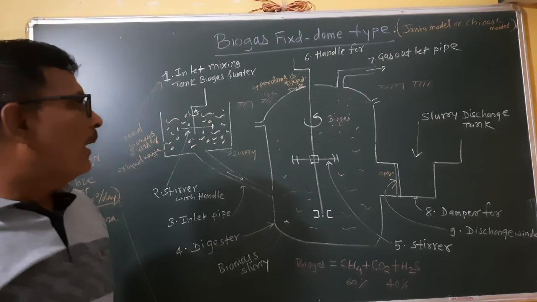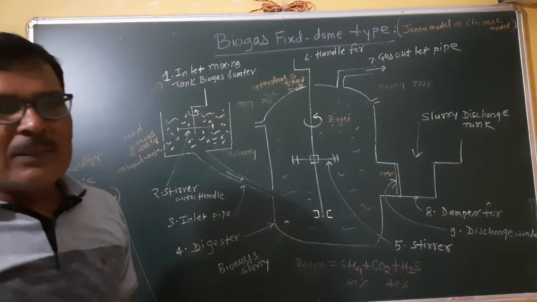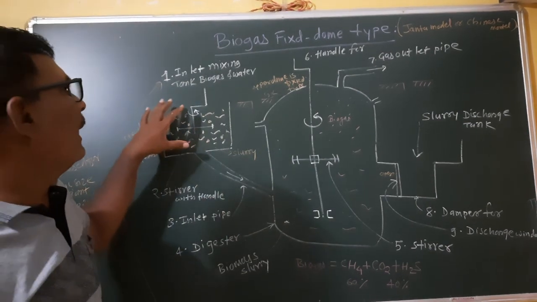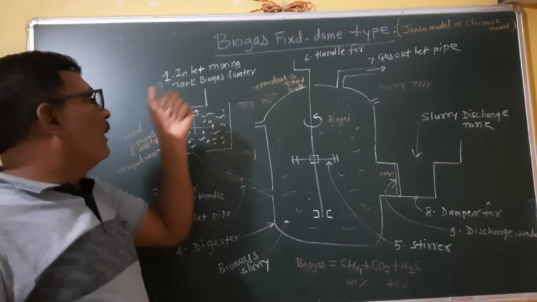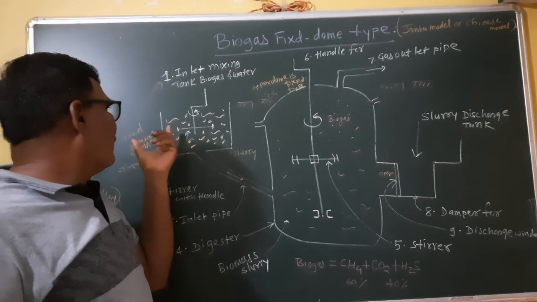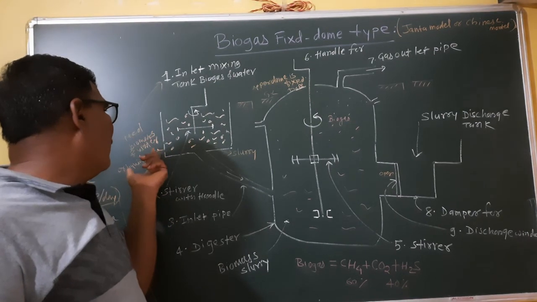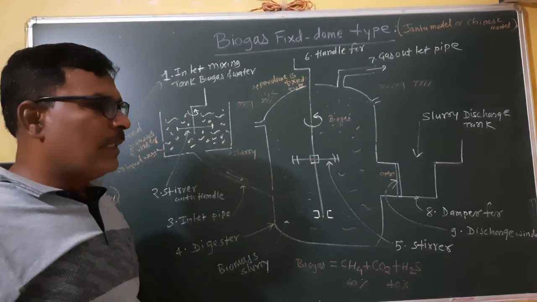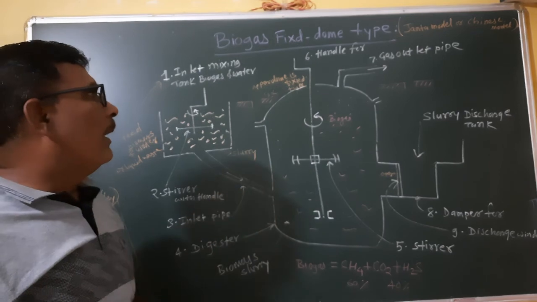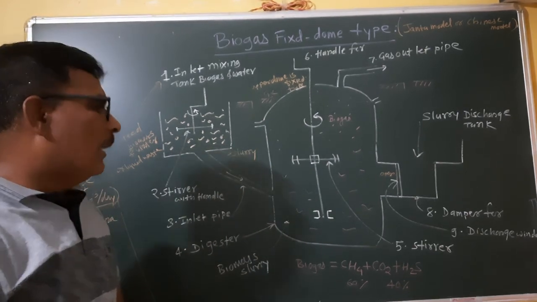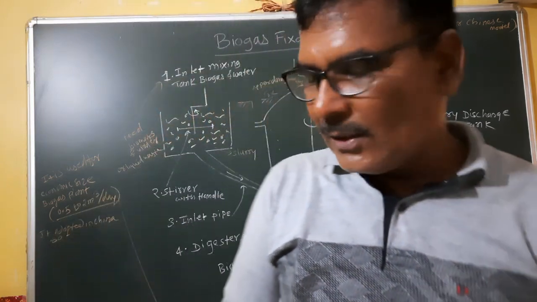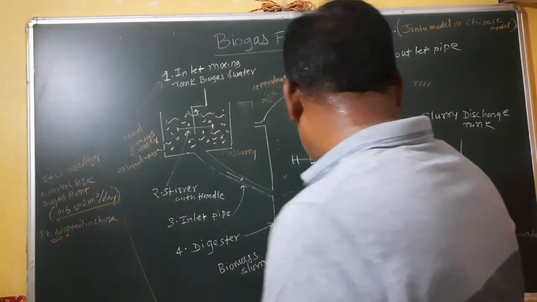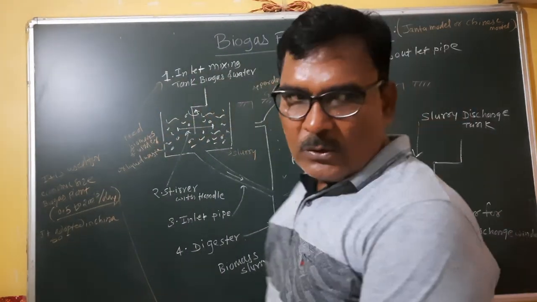And finally we again feed this type of material, the biomass and water and liquid waste, into the fixed type. It is stirred with the handle, and after that we get the final biogas product. Biogas equals CH4 plus CO2 plus H2S.